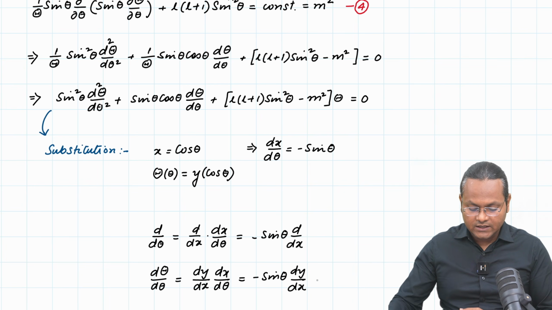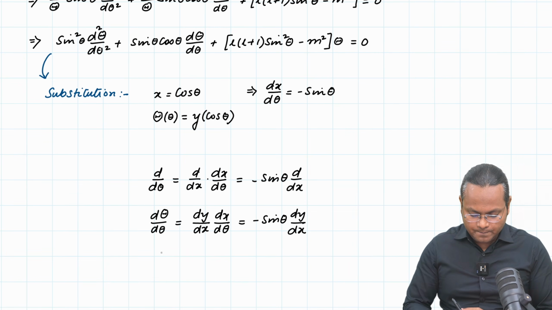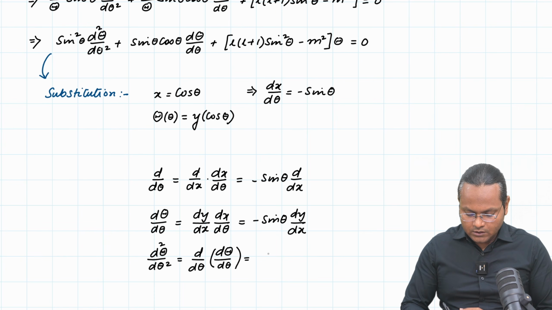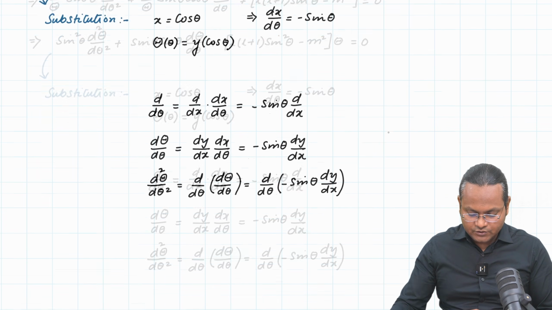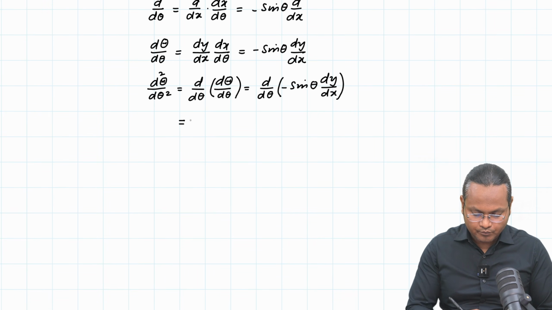This gives us the possibility of obtaining the second order derivative with respect to theta, which is d/dθ of dΘ/dθ, which is equal to d/dθ of minus sin theta dy/dx. So this becomes minus sin theta.